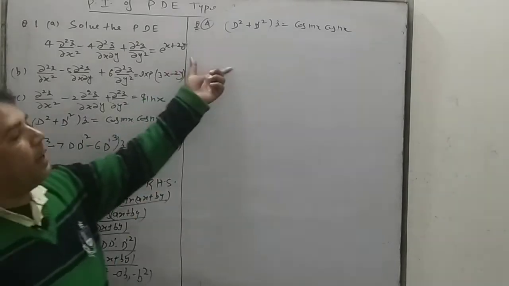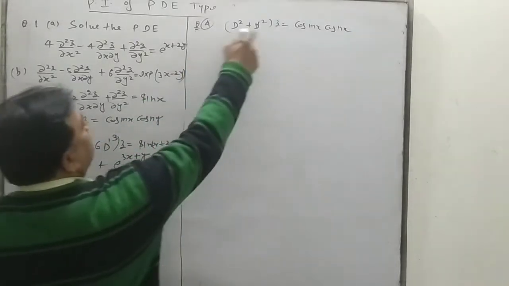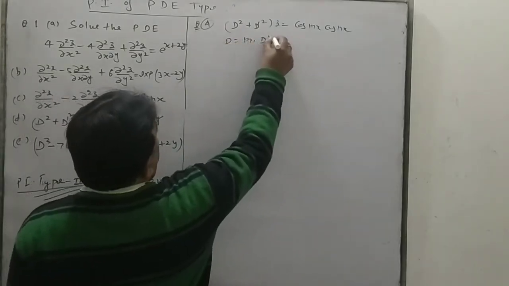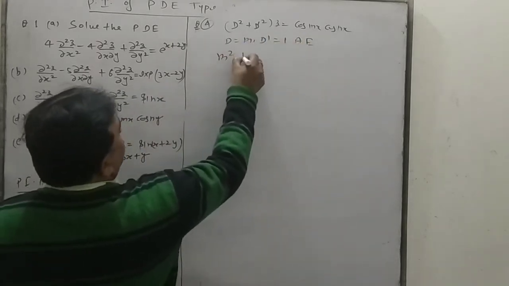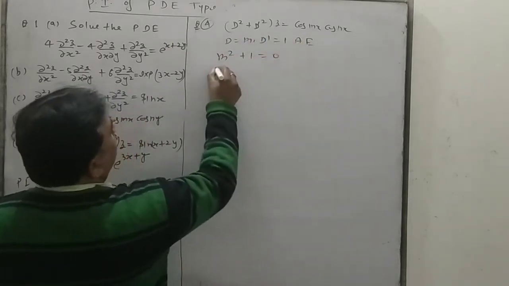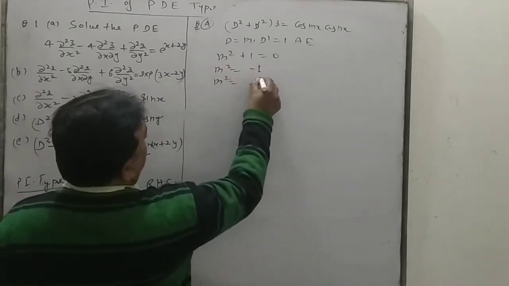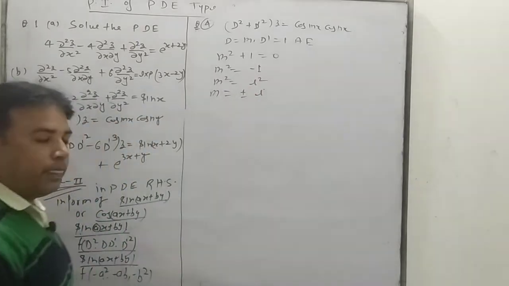We already write it in operator form. We discuss the auxiliary equation with D = m and D' = 1. Then the auxiliary equation is m² + 1 = 0, m² = −1, m² = i², m = ±i.